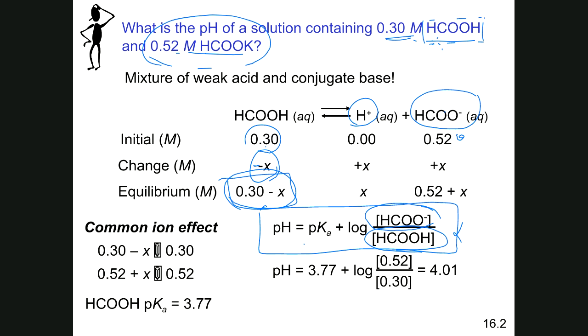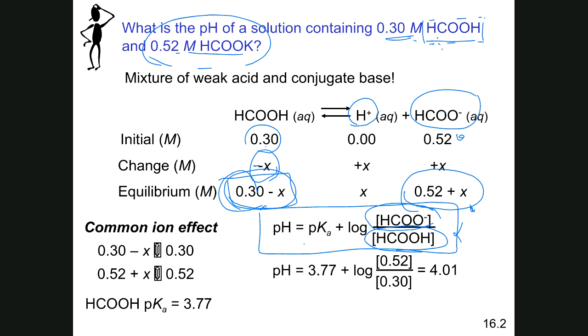When you have the pKa value for your acid, based on the pKa value, you can approximate the x value and say 0.3 minus x is equal to 0.3, and 0.52 plus x, if x is a very small number, you can just approximate this also.